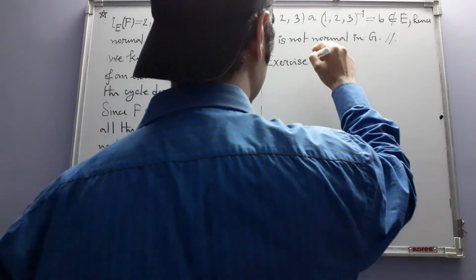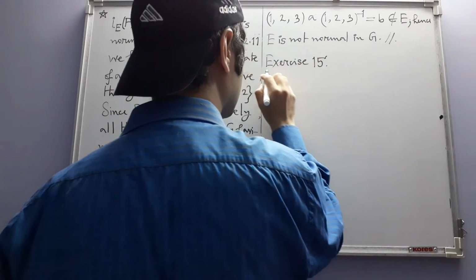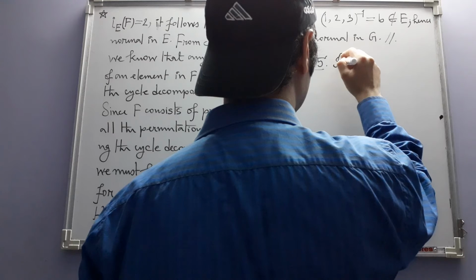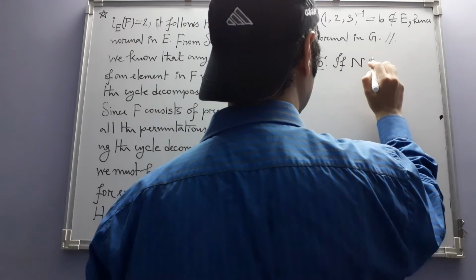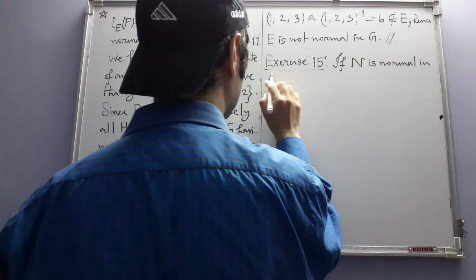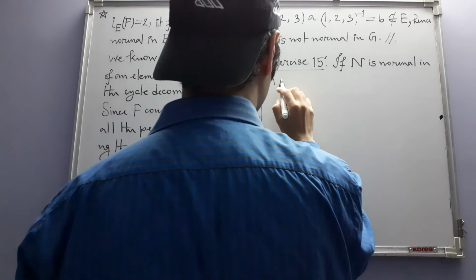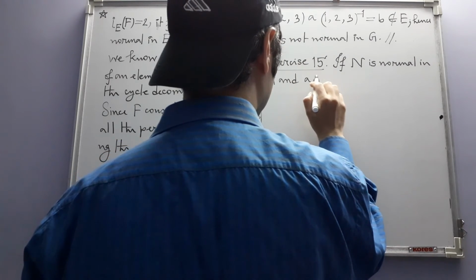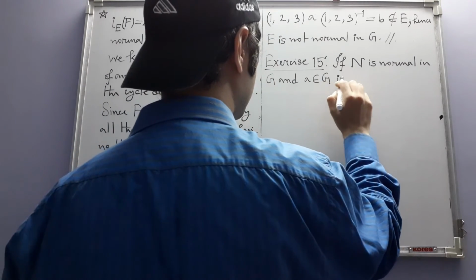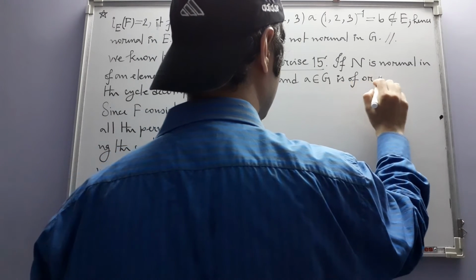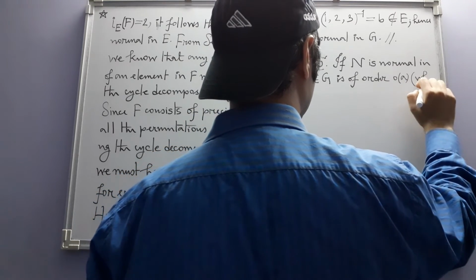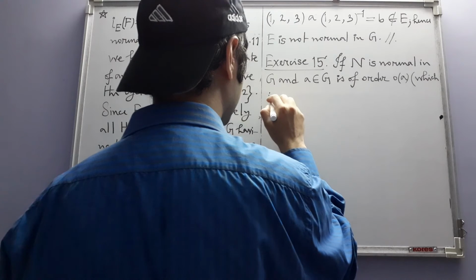Next, exercise 15. If N is normal in G, and A belonging to G is of order O of A, which is finite.